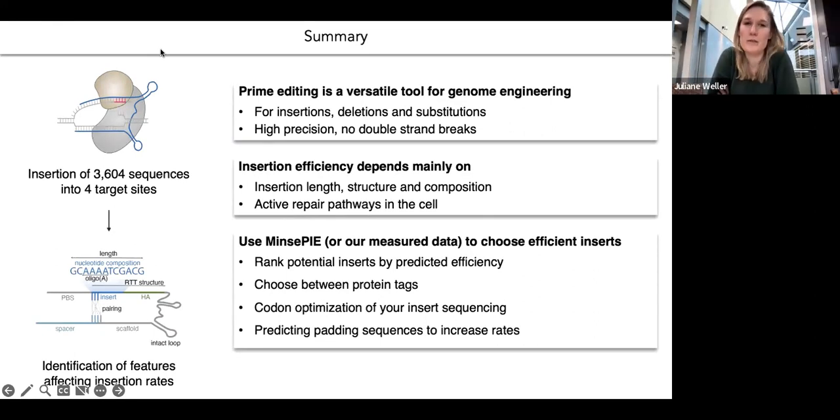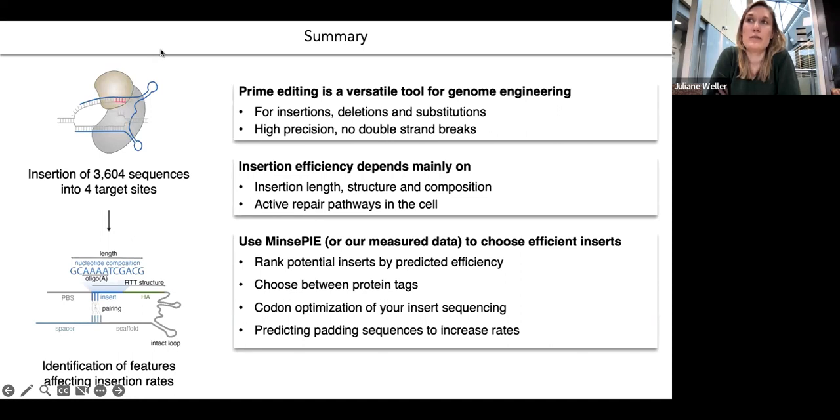So if you want to design your own experiment and insert sequences, we would suggest to first identify a good target site. You can do that, for example, by using Predict, another prediction tool for prime editing efficiency that is focusing on a lot of different spacers.